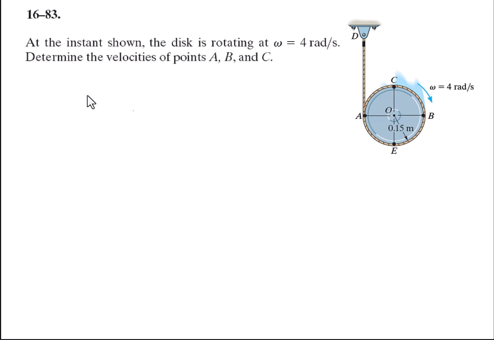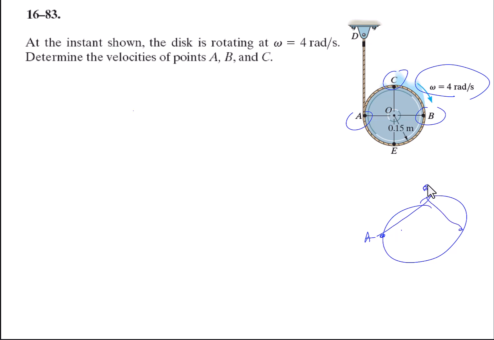So we have this disk rotating with an angular velocity of 4 radians per second, and we want to determine the velocities of points A, B, and C. You have this point A, and a triangle at point C. The velocity is perpendicular to the line if you take this to be the instantaneous center.